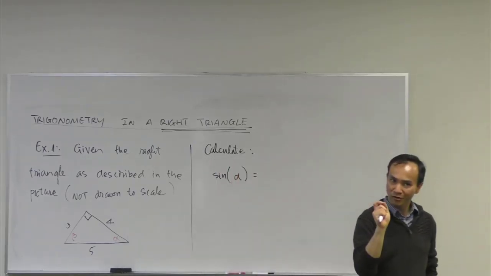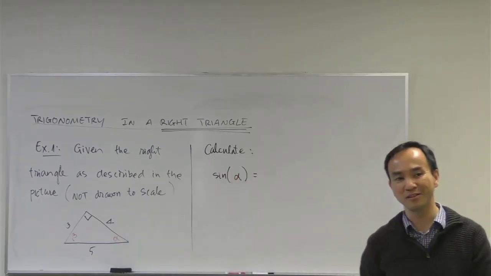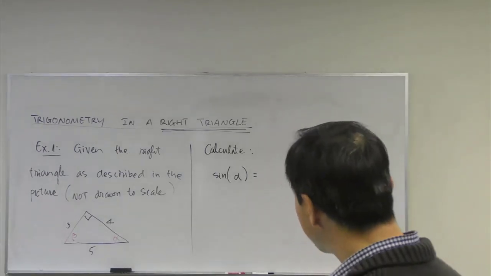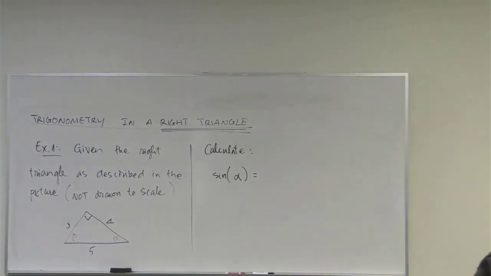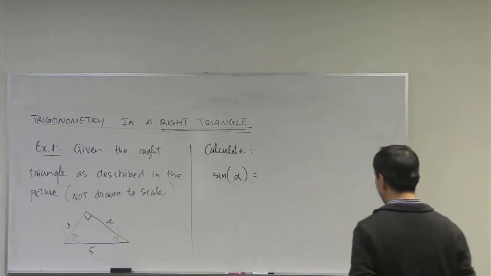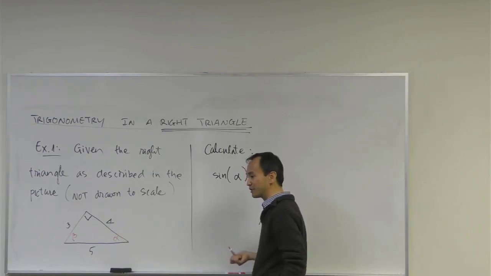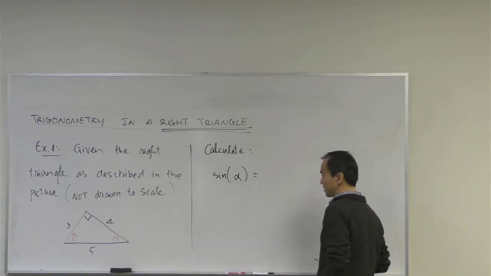The nice thing about trigonometry in the right triangle is that sometimes we don't even know the actual measurement of our angle, but there's a way for us to calculate sine and cosine and tangent. Our angle is specifically designated here.